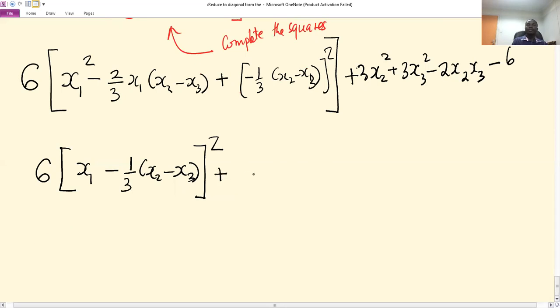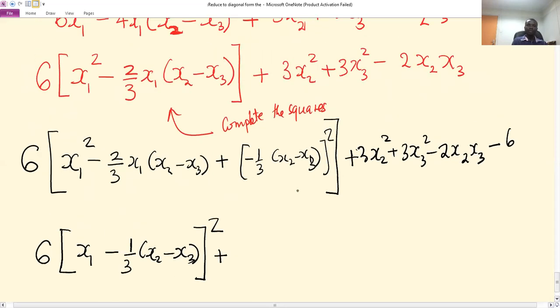So plus, by introduction of this term, the square of this term is 1 over 9 x2 minus x3 squared. And then there's a 6 here, so I need to multiply by 6. So then I have to subtract 6 over 9 into x2 minus x3 squared.